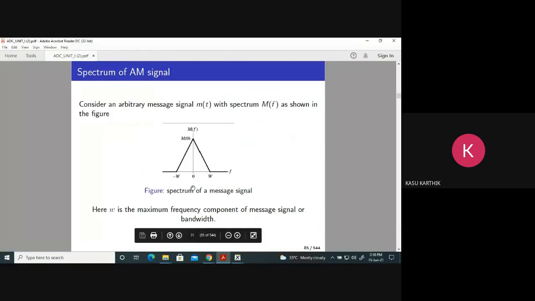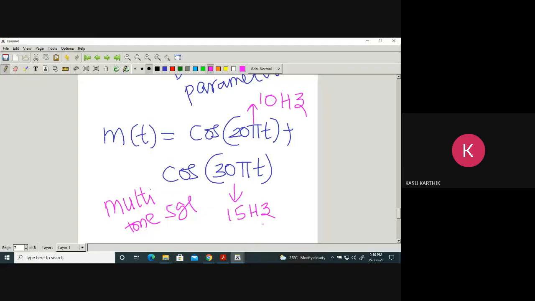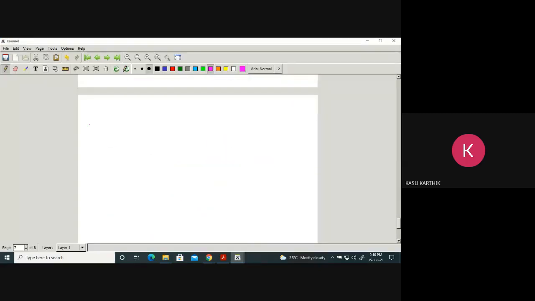Now, let us get into the spectrum of the AM signal. First of all, what is spectrum? If you take the Fourier transform of any signal, you get a spectrum. Suppose you have x of t; you take the Fourier transform and you get x of omega or x of f, both are okay.